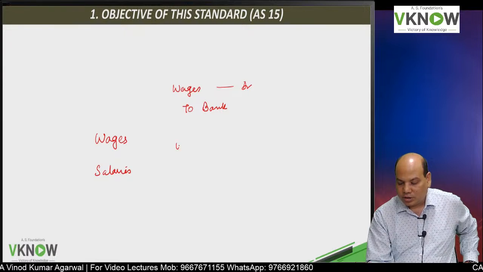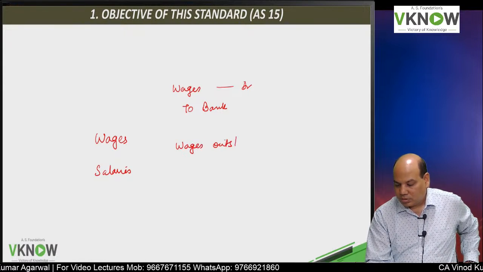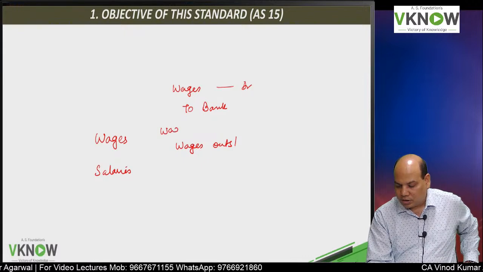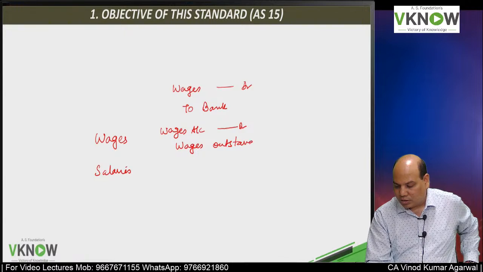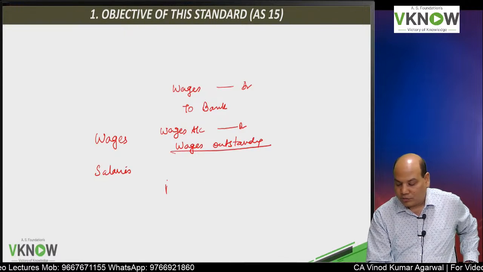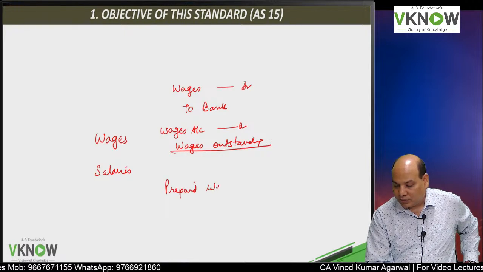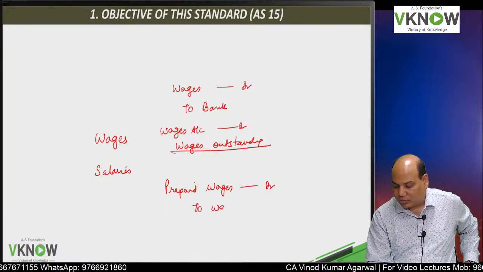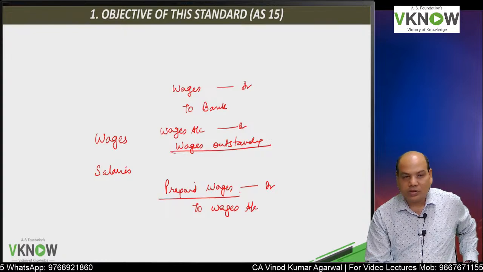At the end of the year, if there is a wage outstanding, then you will pass an entry: wages account debit to wage outstanding account. And this wage outstanding goes to the balance sheet. If there are some prepaid wages, you have passed the entry in 11, 12 standard: prepaid wages account debit to wages account, and that goes into the asset side of the balance sheet.